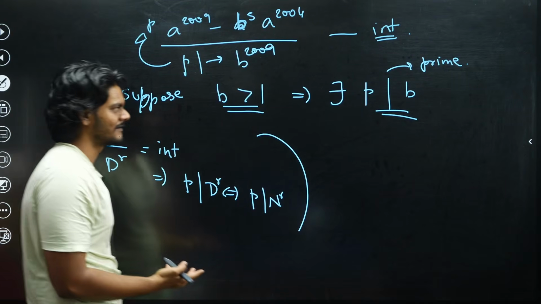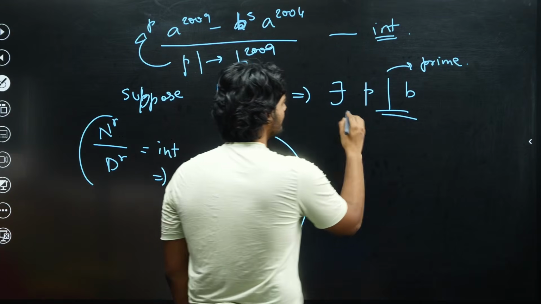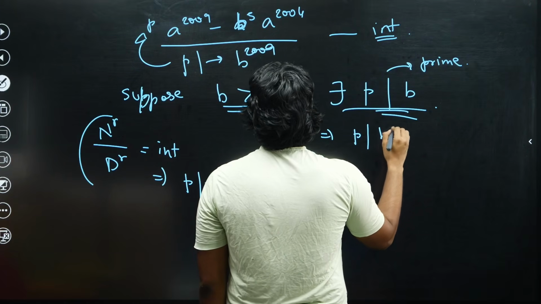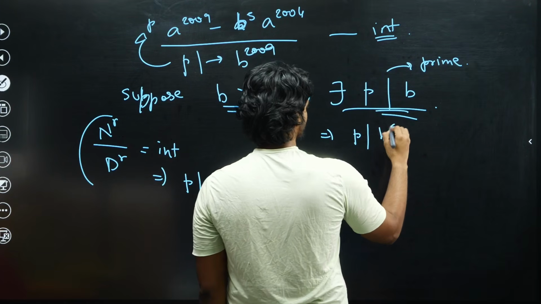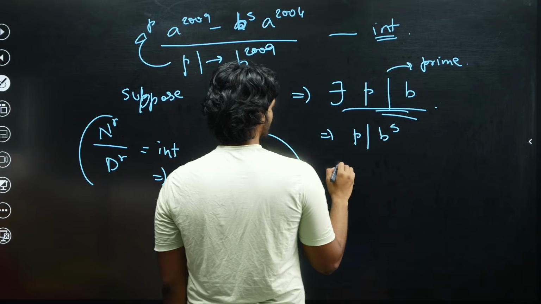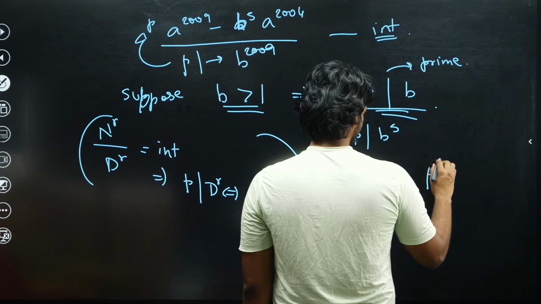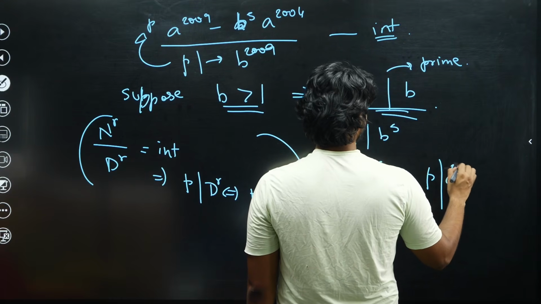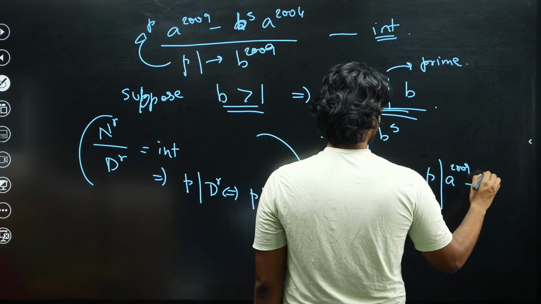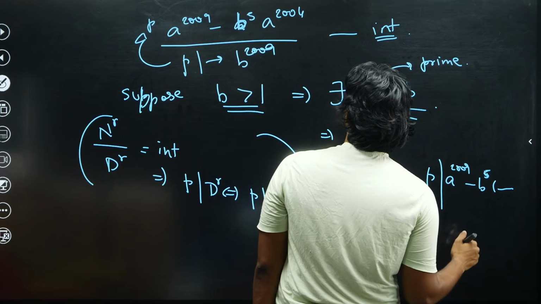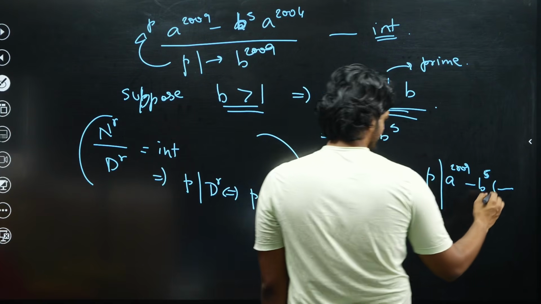That's the basic thing. So if p divides b, that would imply p divides b power 5, and p divides the numerator, so p divides a power 2009 minus b power 5 into a power 2004.